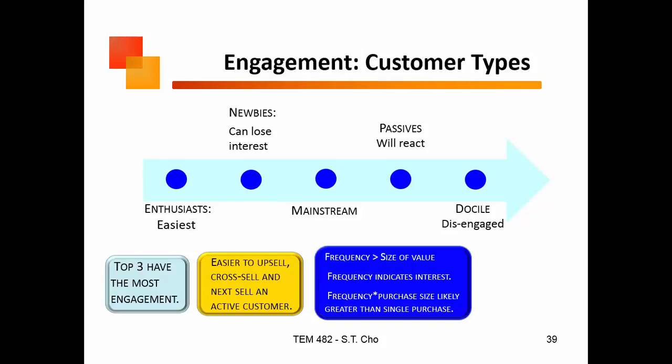What it comes down to is you want frequency of interaction. You would rather have more activity in smaller amounts of money than infrequent activity in a larger sum of money. And so part of the reason why email is such an effective tool for engagement is that people don't take themselves off of email lists.